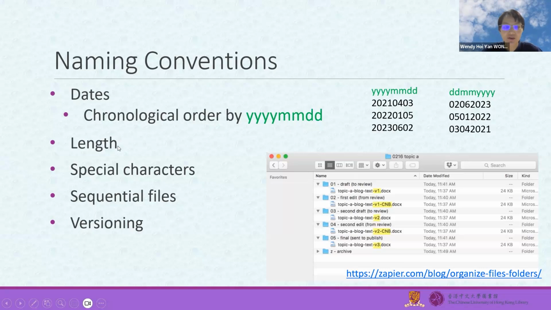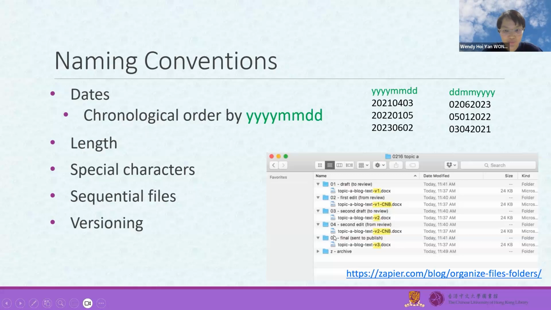And for the file name length, it should not be too short, because it should be identifiable to know what the file is about. But it should not be too long, because too long a file name cannot be read by some software. It should not include special characters. It should also be sequential files, for example, 01, 02, 03.